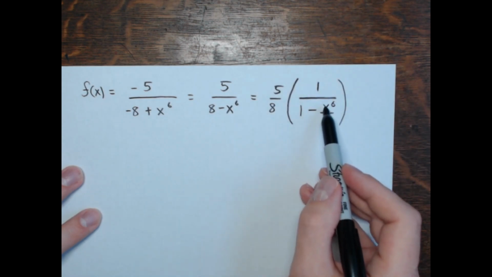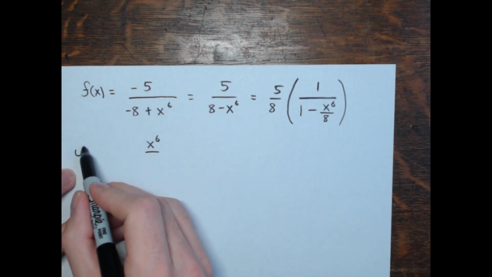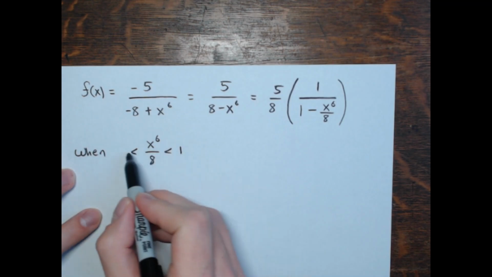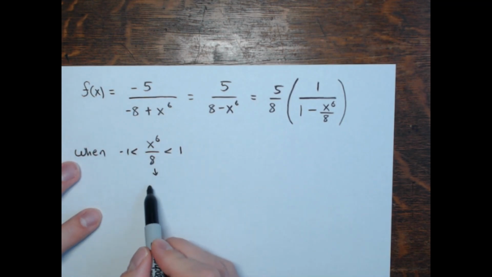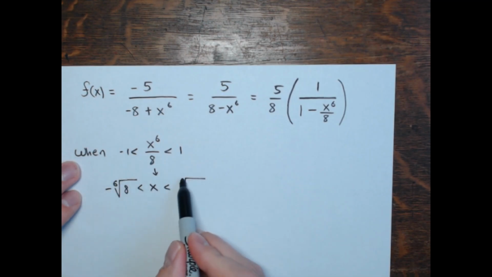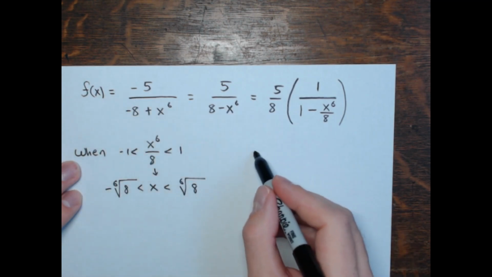So I got 1 over 1 minus something, when x to the 6th over 8 is between -1 and 1, which would imply that x has to be between the negative 6th root of 8 and the positive 6th root of 8. When x is between these values, we'll have a series that converges to our function here.